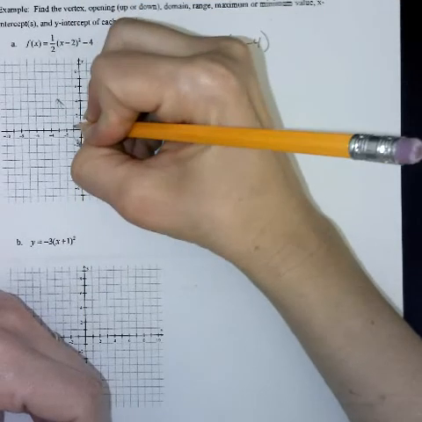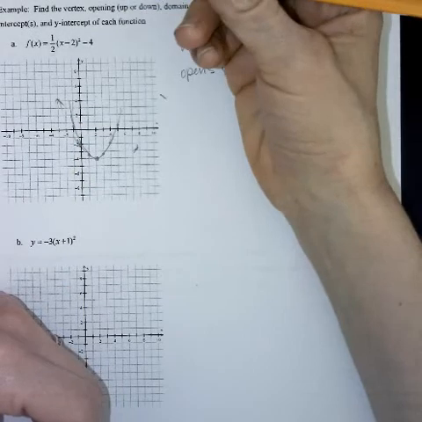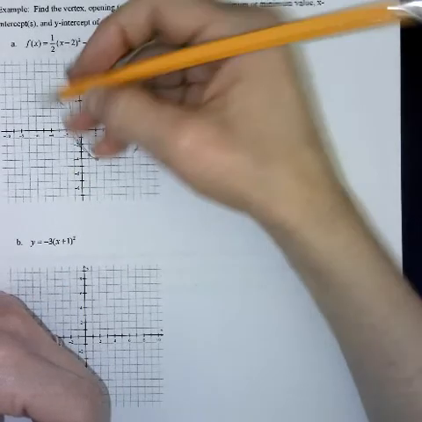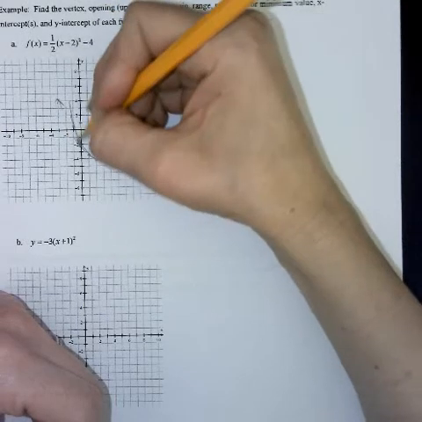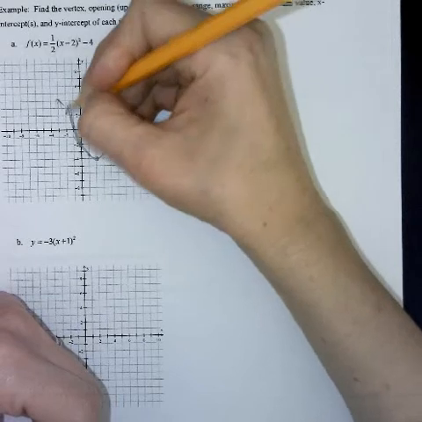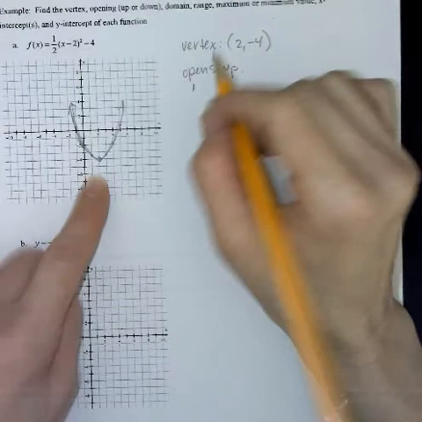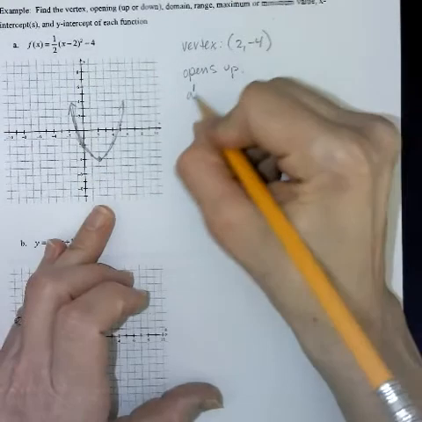It's more like this. There we go. That's pretty nice. Okay, and I didn't ask for the axis of symmetry, but I'll just write it down here anyway: x = 2.